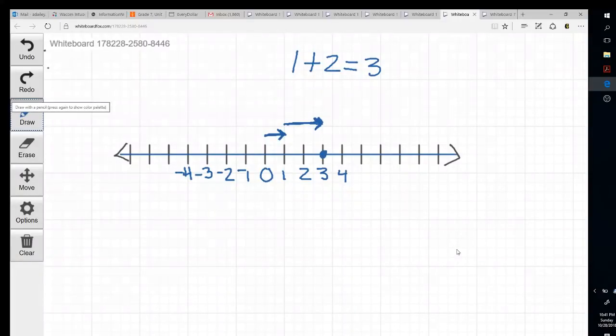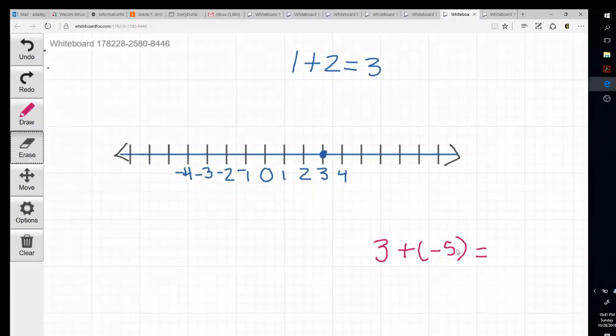Okay, let me change colors here, and I will show you a different problem. What about if we add positive 3 plus negative 5? Whenever you see parentheses around a negative number like that, kids who have done a very good job of learning PEMDAS always think, oh, I have to do that first because you, quote, do parentheses first.